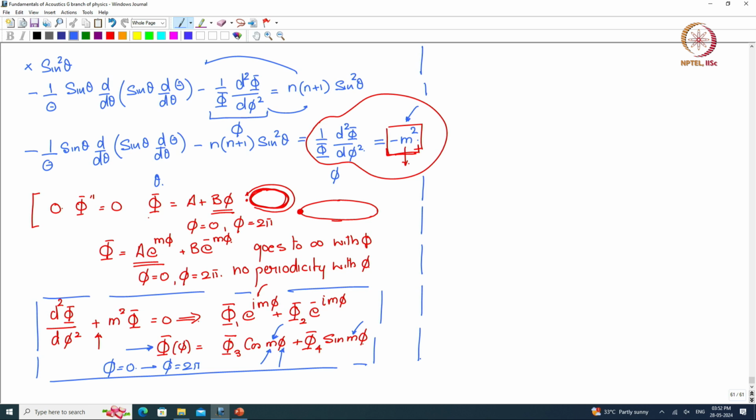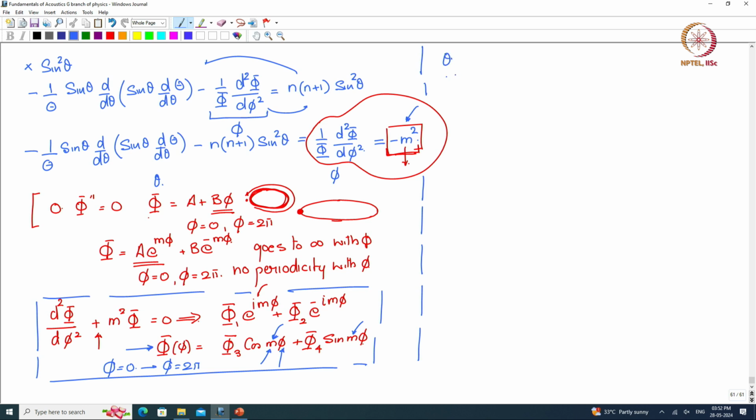So far we have taken care of time and taken care of phi. Okay, so now if we go to the theta equation, what do we have?